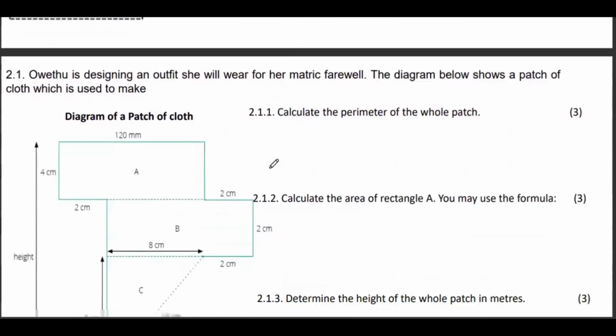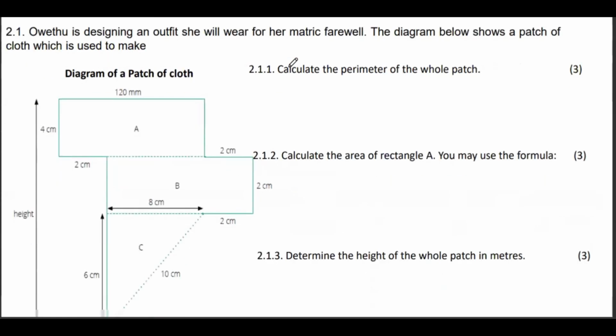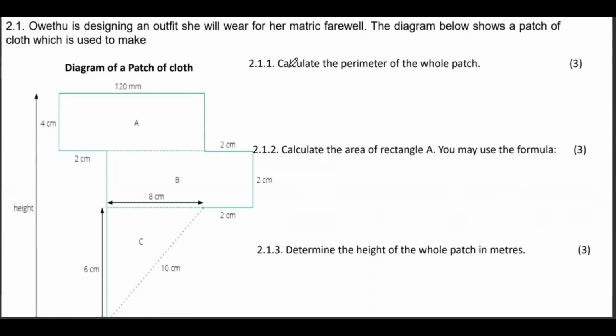That marks the end of question number 1. Let's look at the other question, which is question number 2. Question 2 looks at Owetu designing an outfit she will wear for her matric farewell. The design below shows a patch of cloth which she would use to make the cloth.